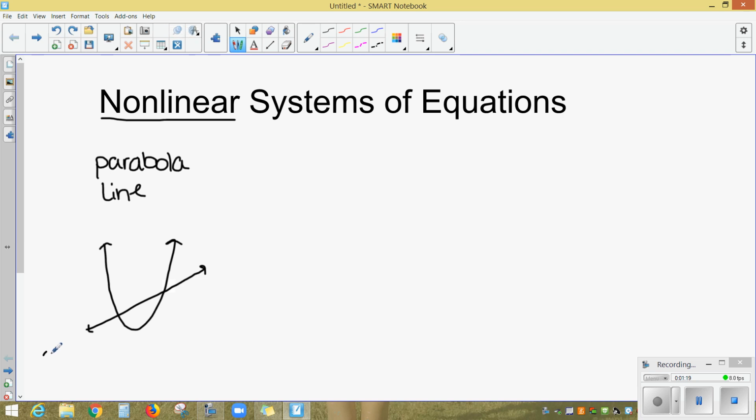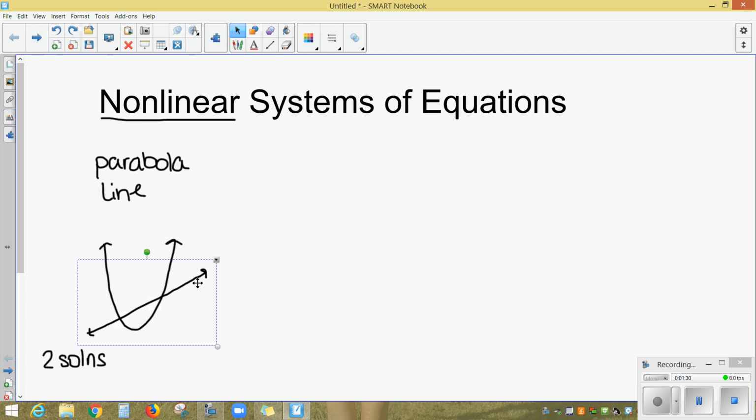And there, in this picture, would be two solutions to that system. However, there don't have to be two solutions every time. Notice if we move our line over here, there aren't any solutions. If we scoot our line maybe down right here, it looks like there's one solution.